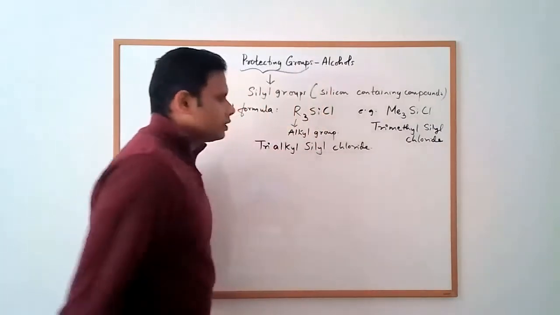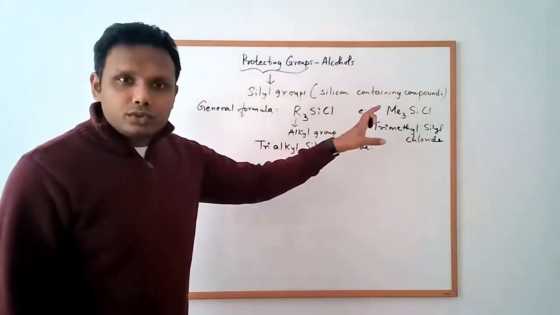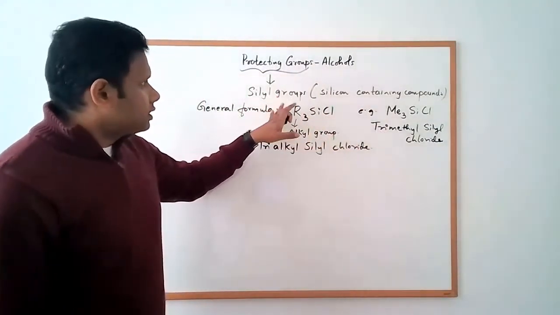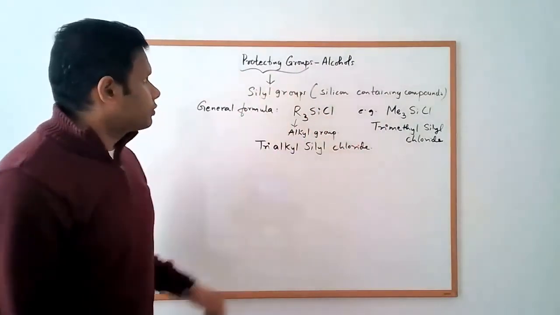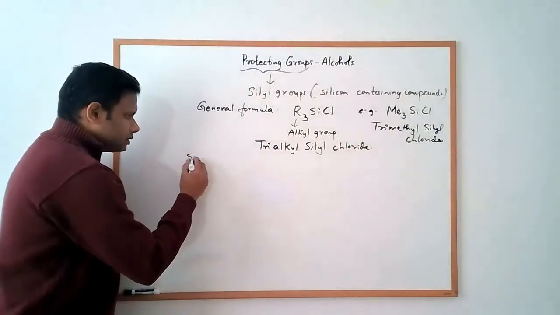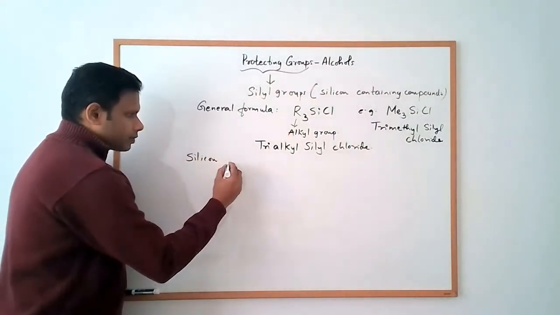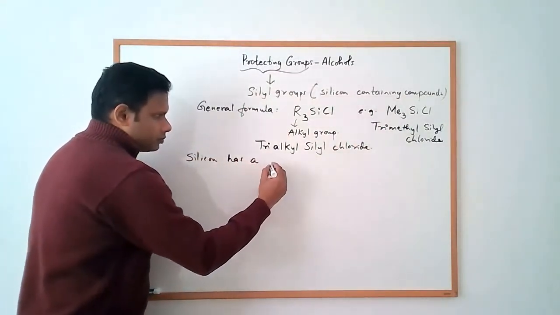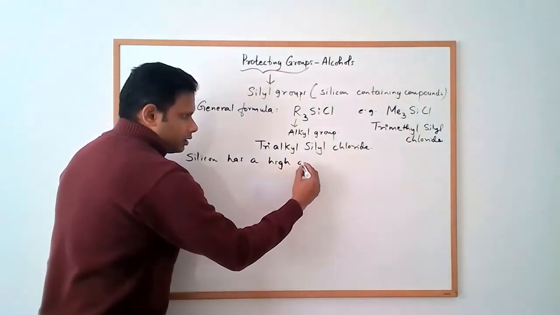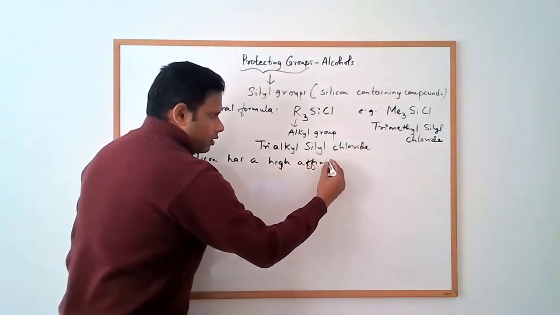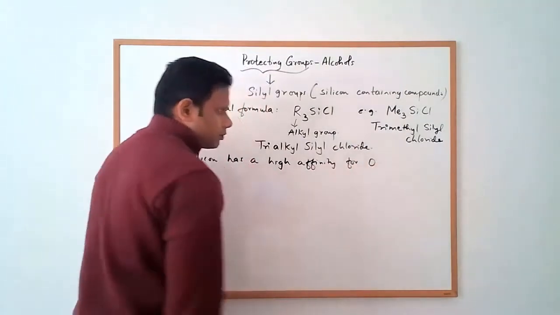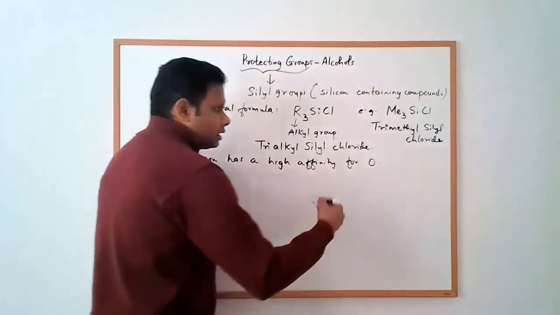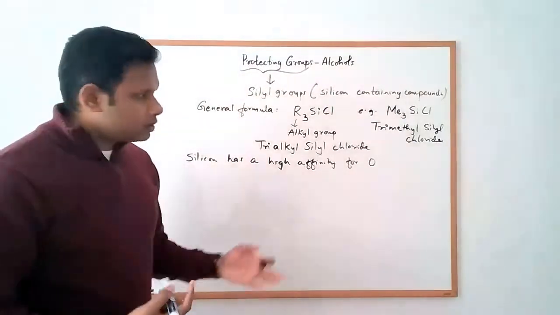And the reason we are able to use these silicon containing compounds as protecting groups for alcohols is because silicon has a high affinity for oxygen, which means it likes to make bonds with oxygen.